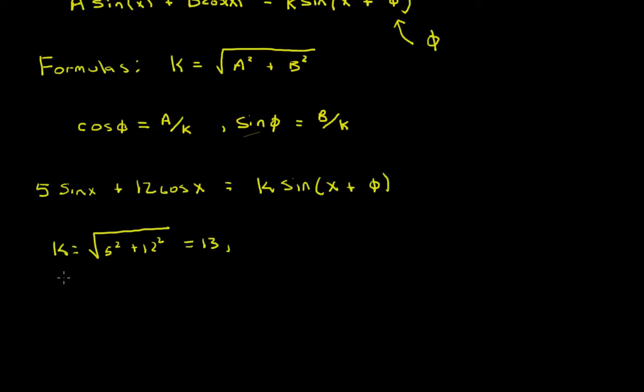Okay, having determined k first, we can now write down the formulas for cosine and sine of our phase. So using the formulas, we've got cosine phi is a over k, which in this case, a is 5, so 5/13.